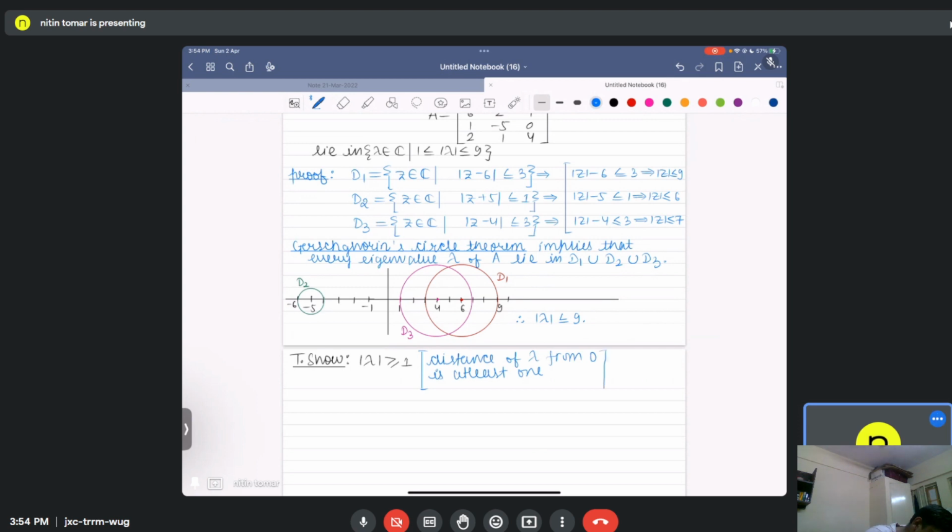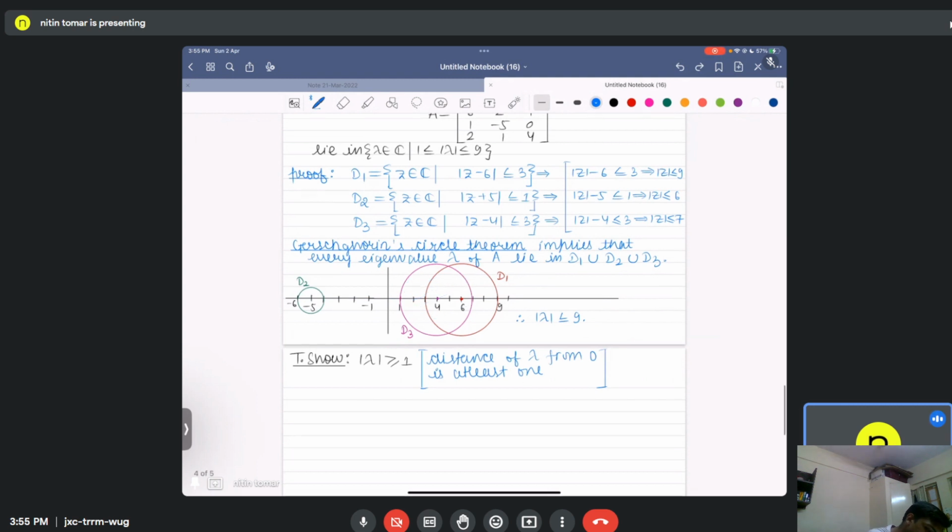If any eigenvalue lies here, the distance is at least 1, and if any eigenvalue lies here, the distance is at least 5. So in any case the distance is greater than or equal to 1.